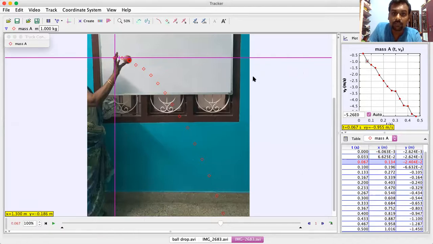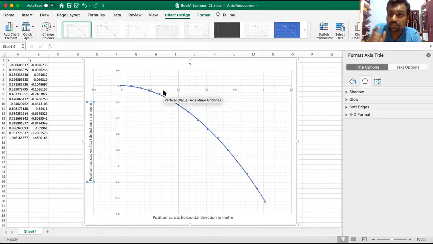So going back to the Excel sheet. Now that I know the time interval between two data points, it actually becomes easy for me to find the velocity across the x-axis. How do I do that? I'll just show it to you.